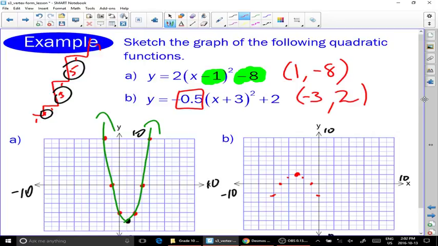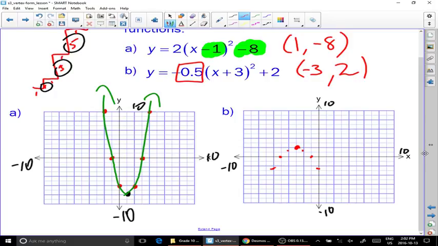So instead of going over 1, down 7, we'll be going over 1, down 3.5. And the next one would be 4.5, and we just run out of room to do that. So we'll actually stop with these points, and we'll draw a curve that goes through these points.